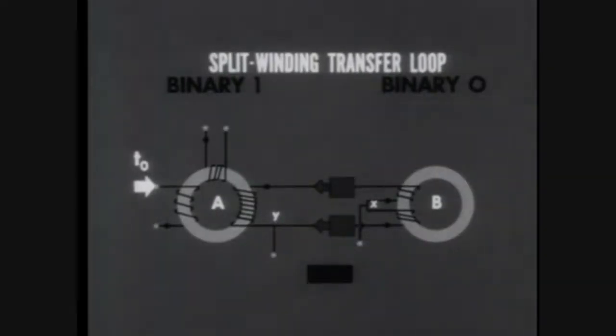Then the shift pulse is applied. To understand what follows, we must look at the output winding of core A. With the core holding a binary 1, the residual magnetism is in the positive direction. The upper branch current comes in as a dot impulse, a negative magnetizing force, and switches the core.